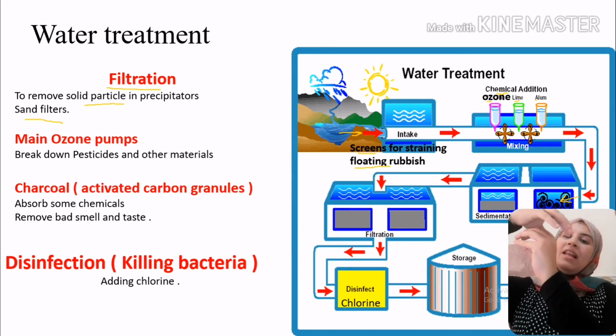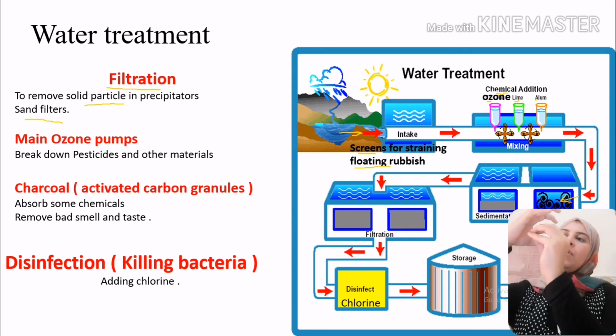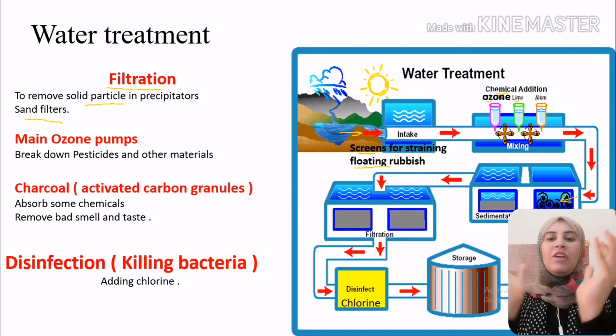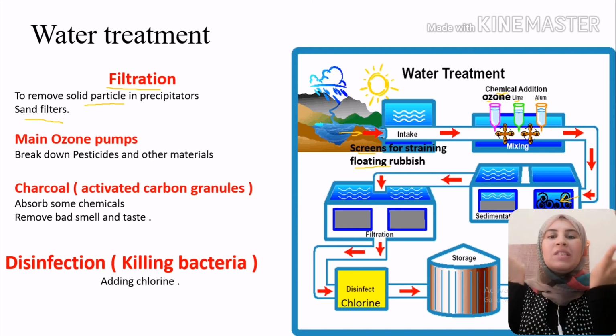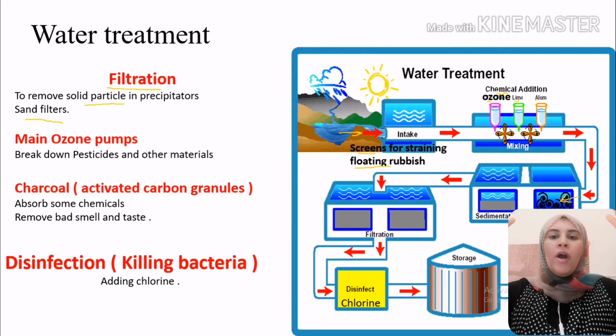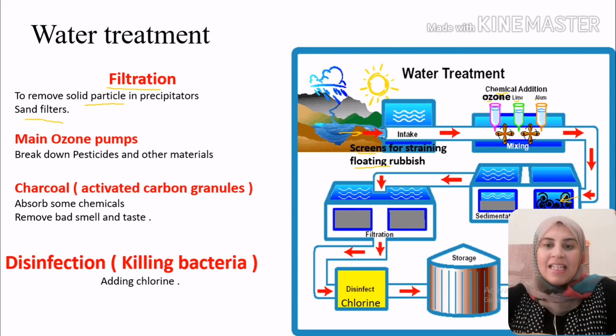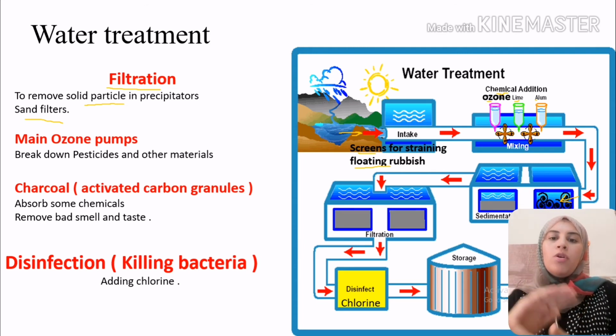They will be collected over our chemical substance to increase its volume. By increasing the volume, it will be large in size, so it will be very heavy and it will be precipitated in the water.